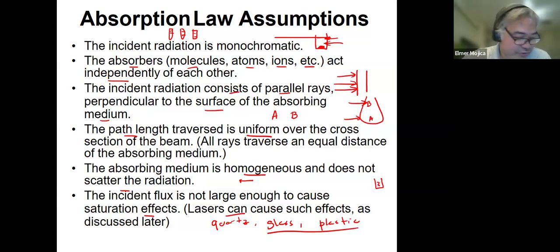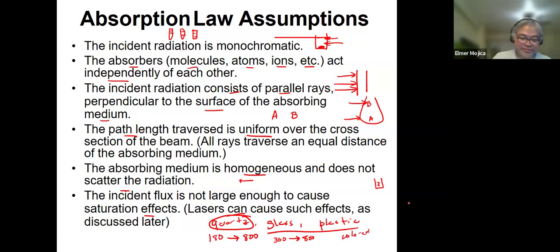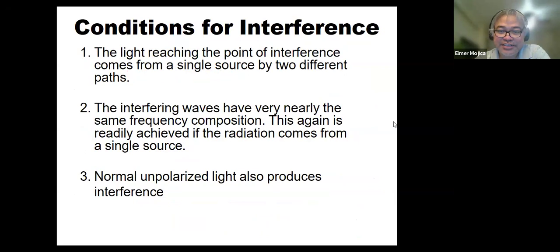Alin yun applicable in all wavelengths? Usually this one. It can go to maybe 180 to 800. Glass, we can go around 300, I think. And this one just goes to the colored one. Okay? So that we could say the three laws that will dictate the components that we're going to discuss, at least here.